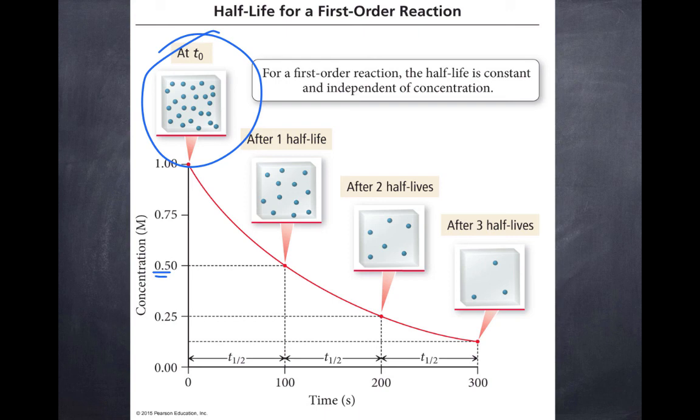And so we see here it took 100 seconds in order to cut our concentration to 0.5, so our half-life would be 100 seconds. And what that means is that every 100 seconds, the concentration is cut in half. So we went from 1 to 0.5, and then from 0.5 down to 0.25, from 0.25 down to 0.125, etc.